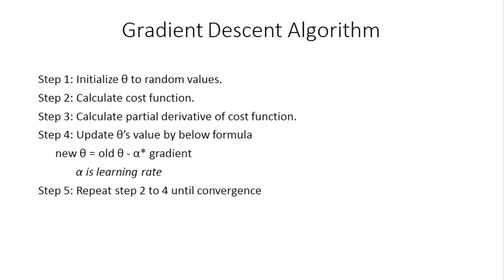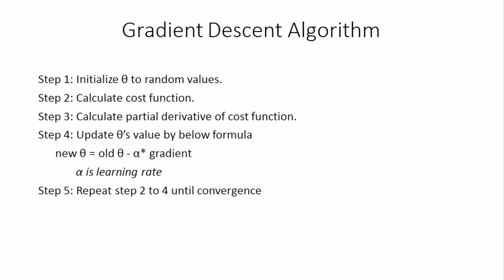Here alpha is called the learning rate, which defines how big a step we are taking in gradient descent. If alpha is very large, that means we are using a very aggressive gradient descent procedure. And if alpha is very small, then we are taking very small baby steps.